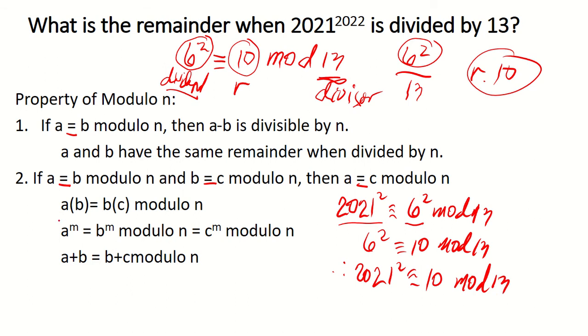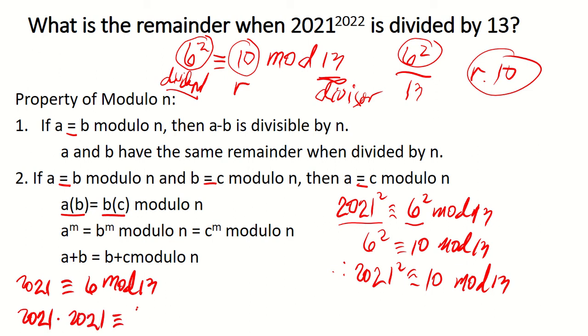It's a chain. Similarly, if we multiply both sides, then that is equivalent also. So for example, we know that 2021 is congruent, kung i-divide natin na siya sa 13 actually, ang atong remainder ay 6. So if we multiply 2021 times 2021, that is congruent to 6 times 6 modulo 13.